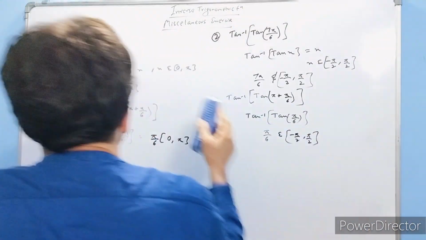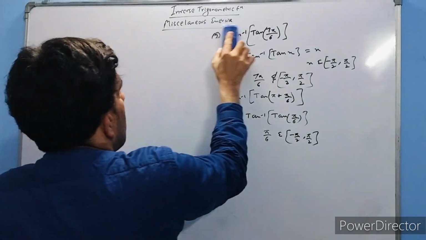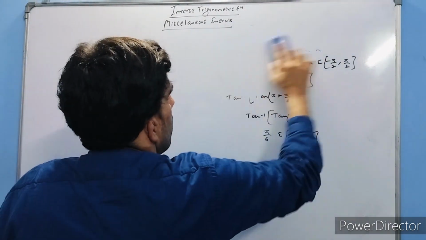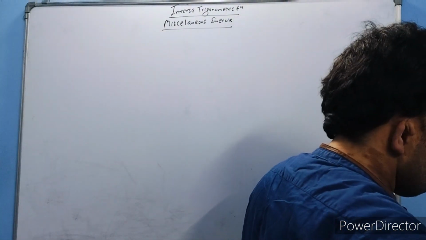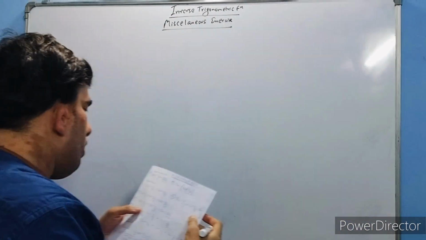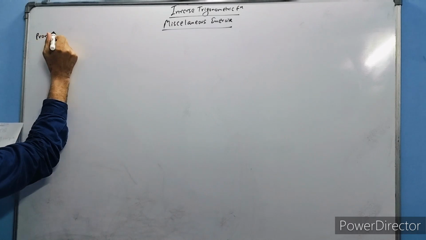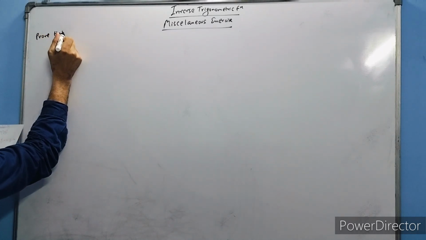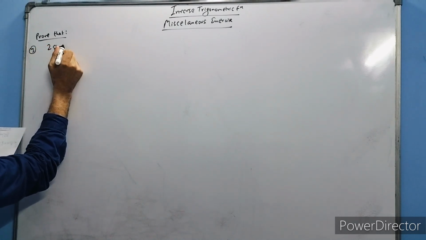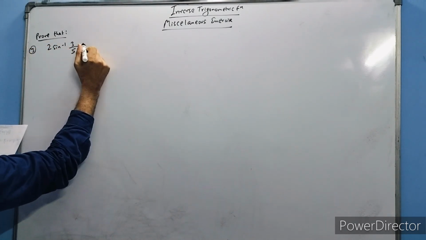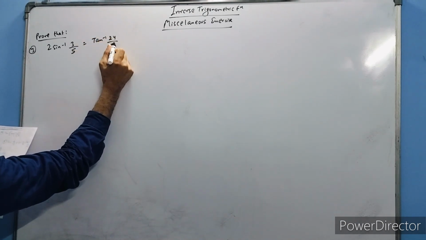What does the third question say? In this we need to prove that 2 sine inverse 3 upon 5 is equal to tan inverse 24 upon 7.